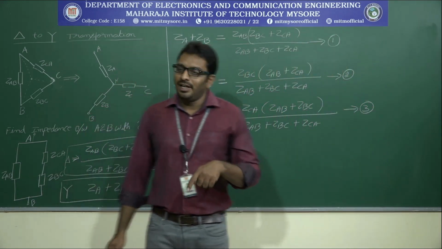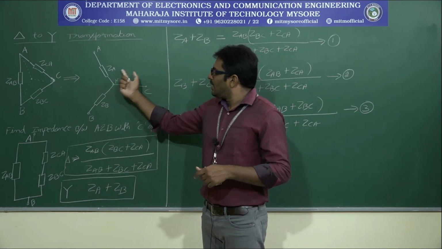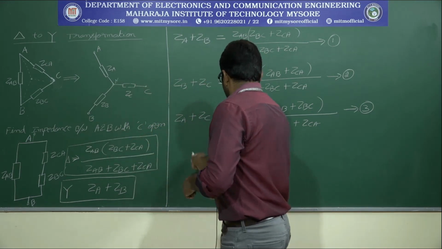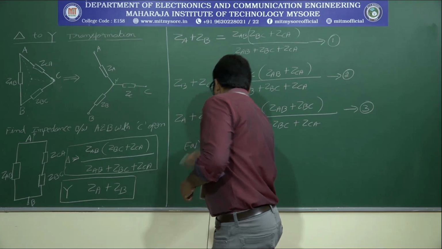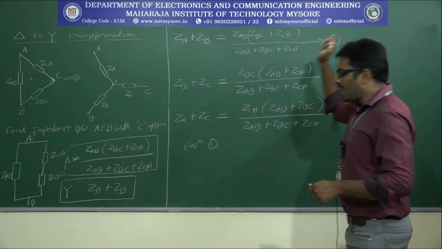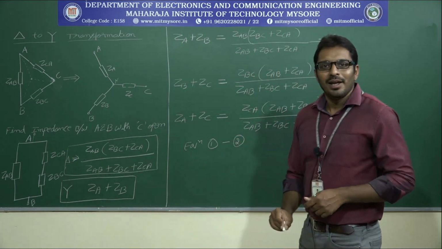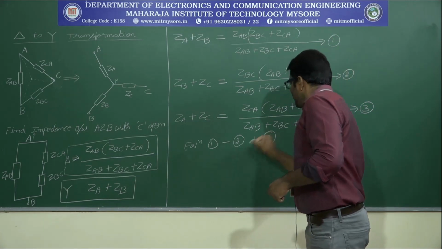Now, in order to find one of the parameters, either ZA, ZB or ZC, just do this operation: equation 1 minus 2 plus 3.